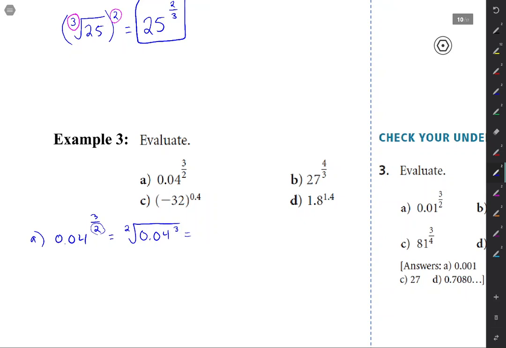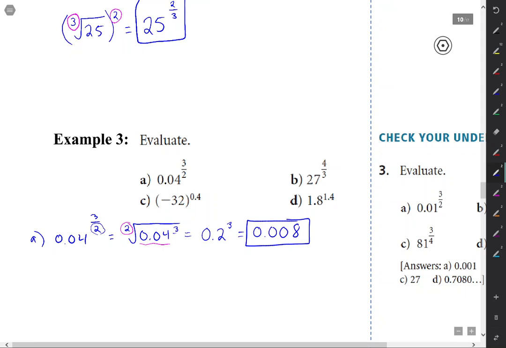The way I'm going to solve this one is I'm going to start off by doing the square root of 0.04 first. So the square root of 0.04 is 0.2, and then we still haven't dealt with that power of 3. So now we have 0.2 to the power of 3.